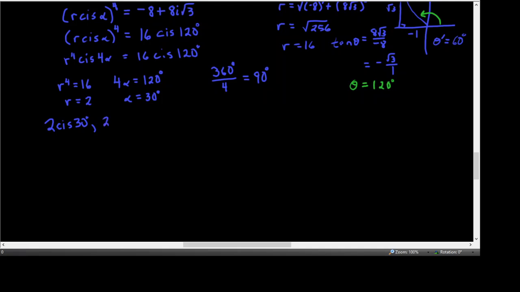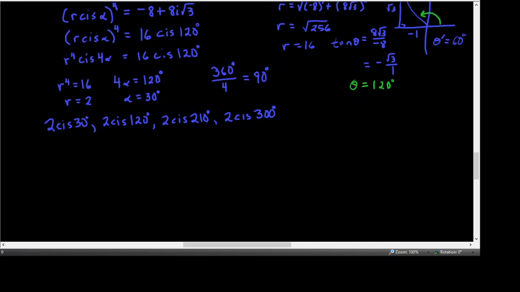The next one is 2 cis 30 plus 90, which is 120 degrees. The next one is 2 cis 120 plus 90, which is 210 degrees. And the last one is 2 cis 210 plus 90, which is 300 degrees. Okay, so we should only have 4 answers, and there are those.